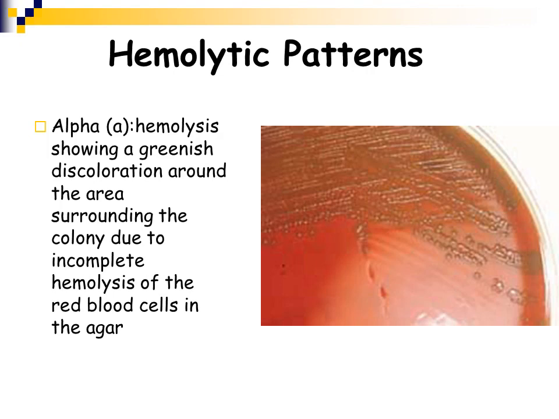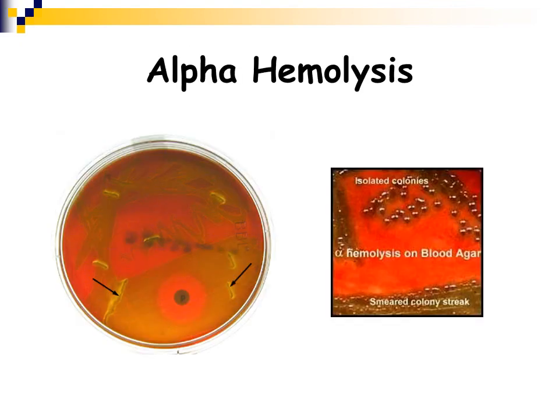So this slide shows the alpha hemolysis, where you have a greenish discoloration around the colony, and that's due to incomplete hemolysis of the red blood cells. Again, some pictures of alpha hemolysis where you get this green tinge anywhere where you have organism growing.